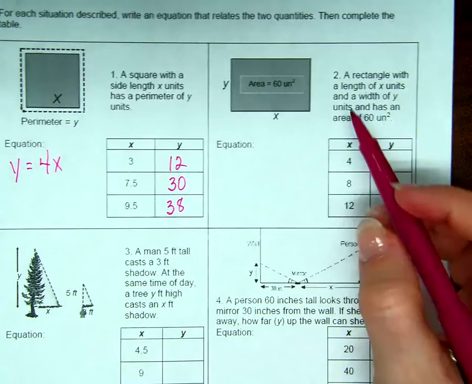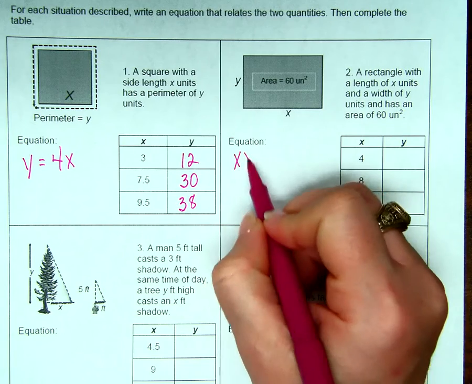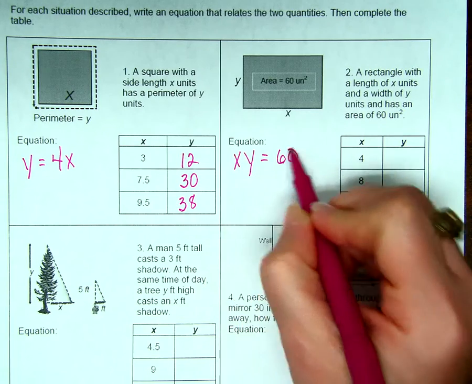What about number 2? A rectangle with a length of x units and a width of y units has an area of 60 units. How do you find area again? Length times width, side times side. So xy equals 60.